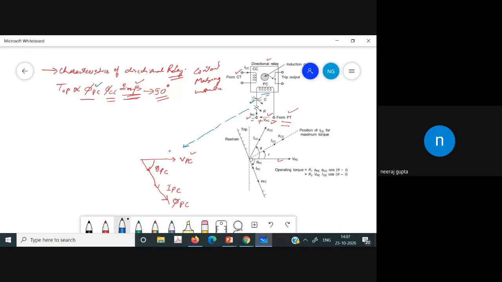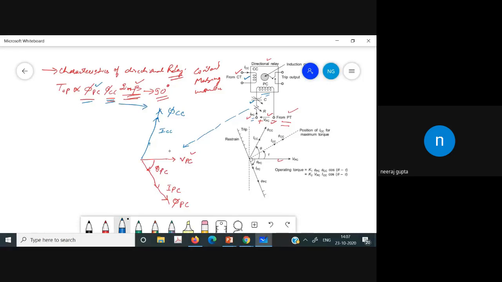Now, second, two fluxes are required for the production of the torque. One is phi PC, which is coming from this. Second is phi CC, and this ICC will produce the phi CC, that is this one.